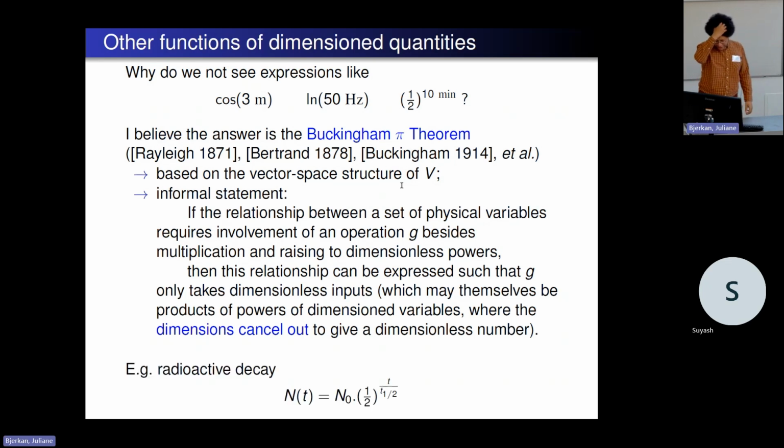So for example, here I had half to the power of 10 minutes, which is not obvious what that would mean. But here for radioactive decay, I have half to the power of a time that has been normalized by the half-life. And so this ratio is a dimensionless number. And so I can then exponentiate the dimensionless number. So that's an example of the Buckingham Pi theorem, or the spirit of it.